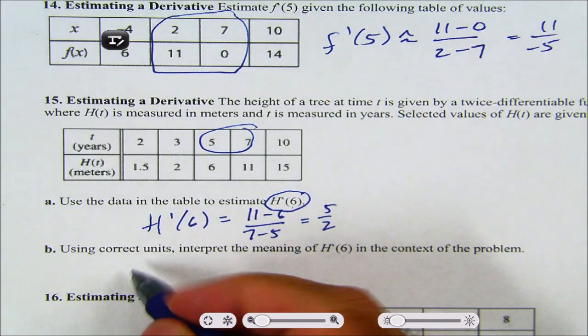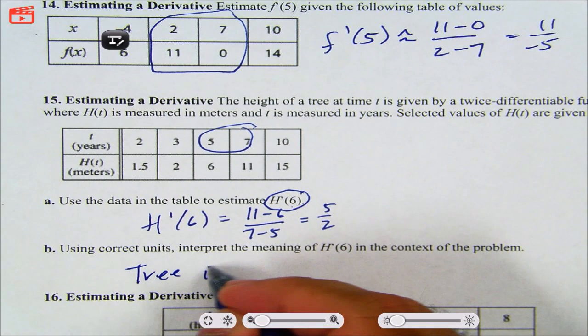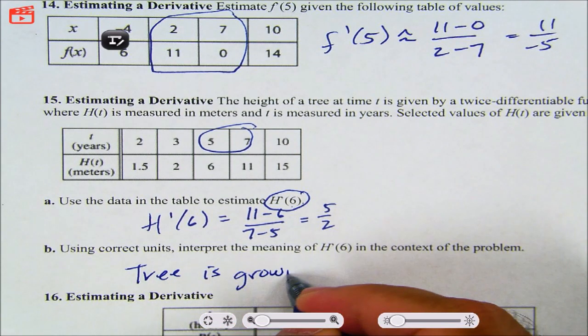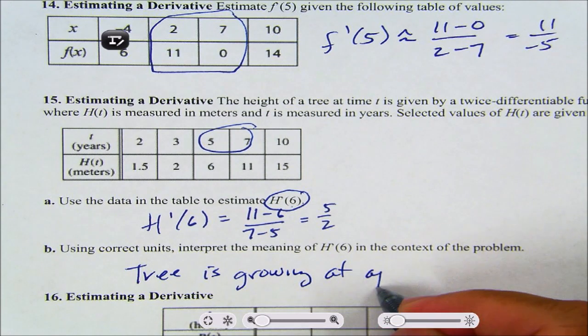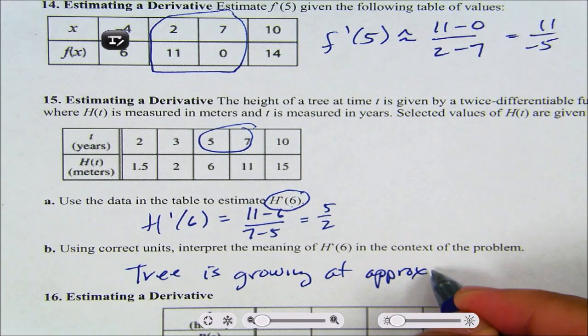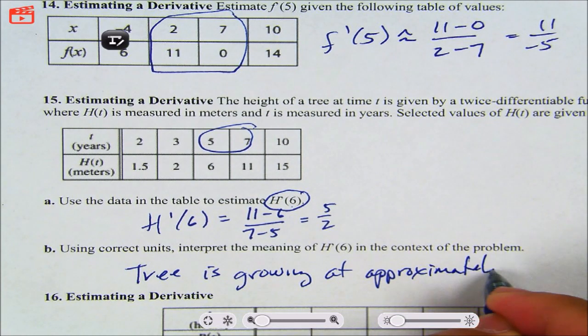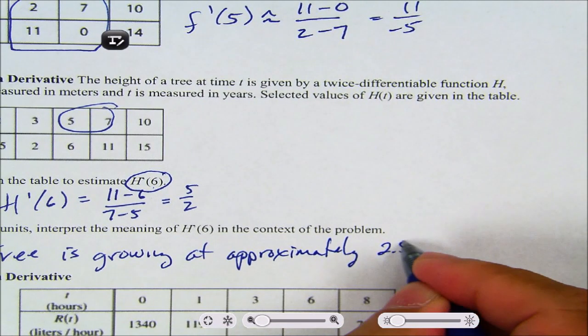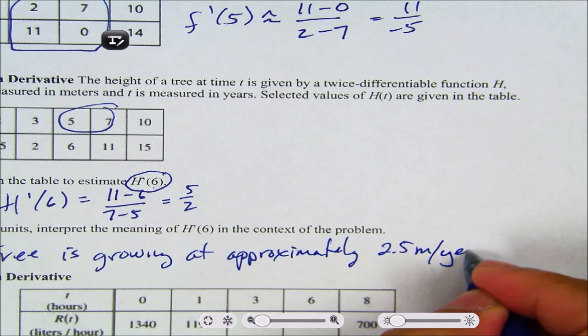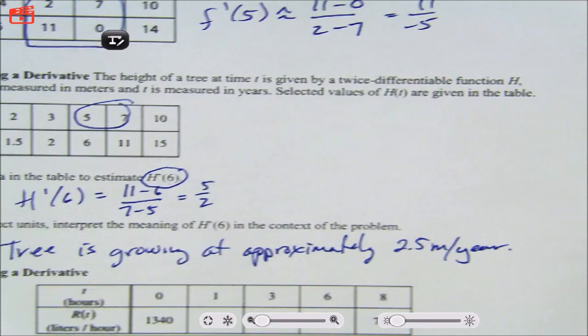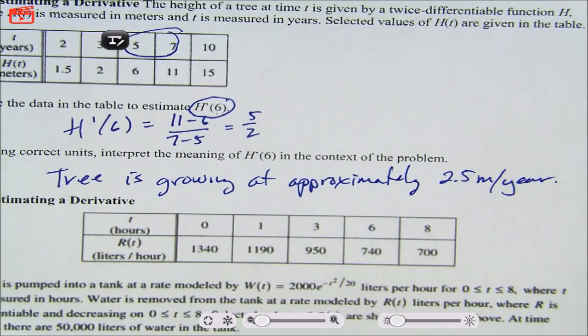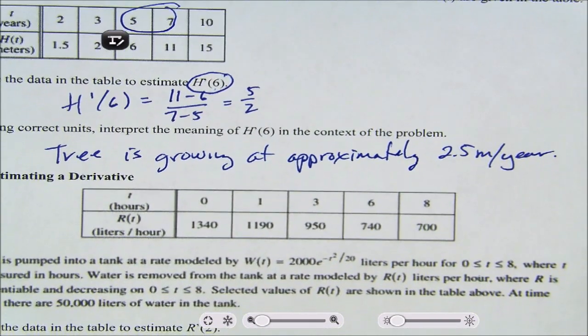That means the tree is growing at approximately 2.5 meters per year. Too fast? That is fast.